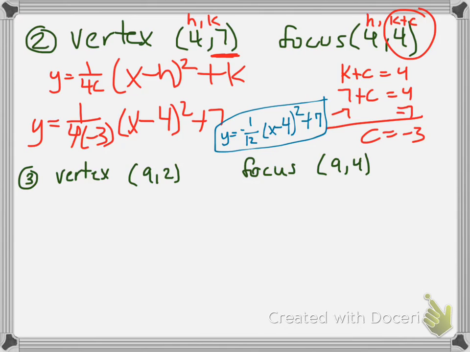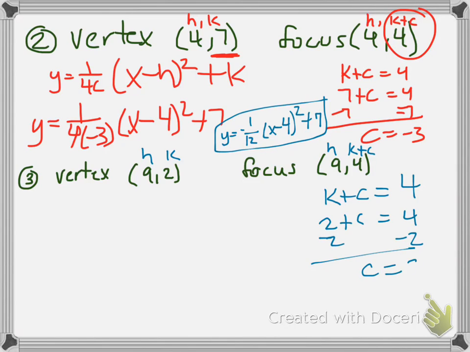So let's try to do number 3 without making a mistake. This is H, this is K, this is H, and this is K plus C. First mission is to figure out who C is. So I know that K plus C is 4. And what is K? 2. What do I do there? Subtract 2, so C is 2.